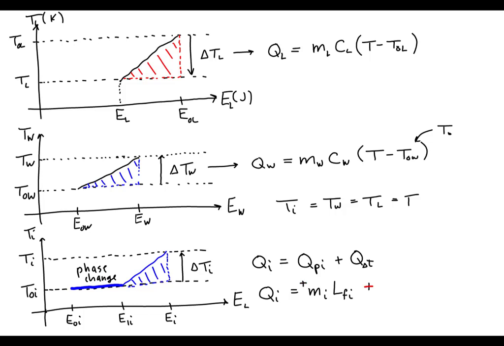And then this is plus, now that all of that ice is melted, the mass of the ice, but now times the specific heat of water, because all of the ice is now melted and is a liquid, times the temperature change: final temperature T, minus the initial temperature of the ice, which is the same as the initial temperature of the water.